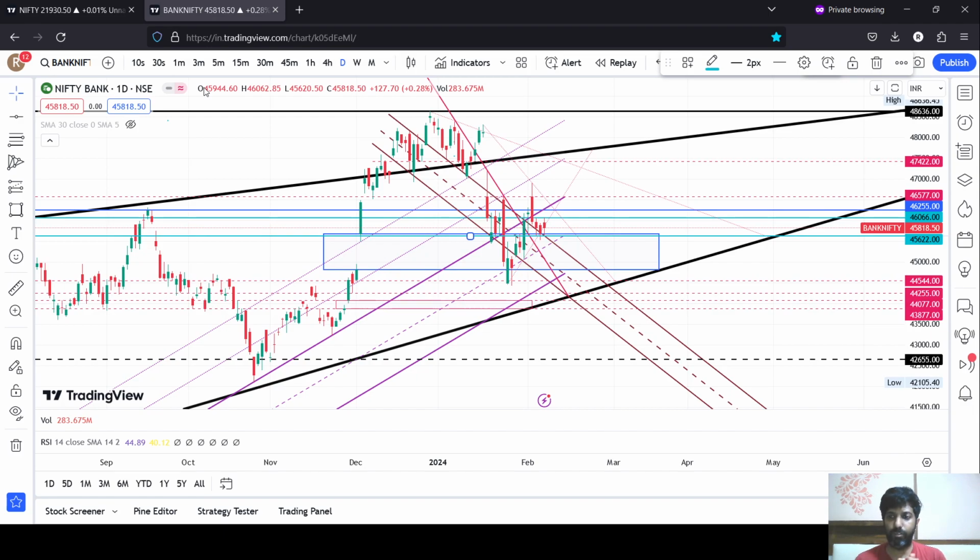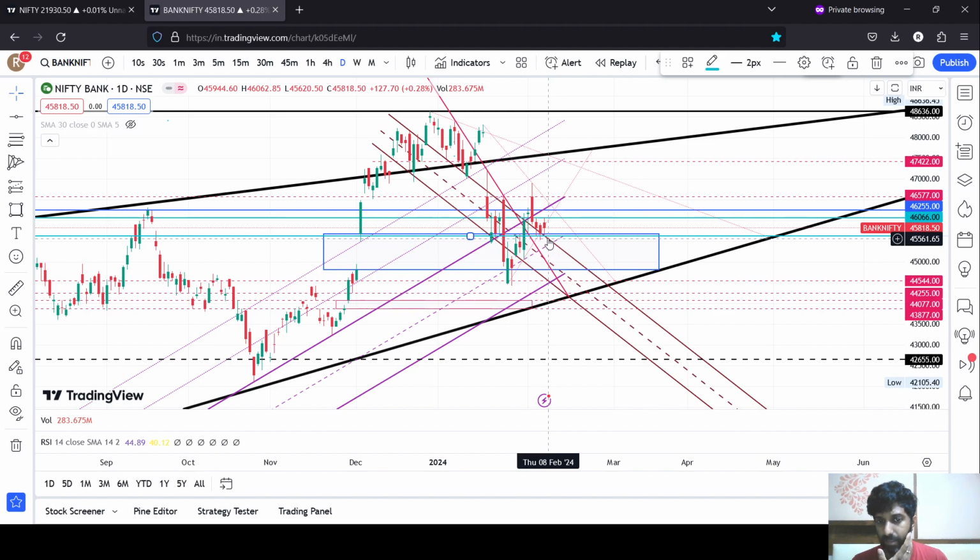On the downside, 45,622 is the level to watch out for, which also happens to be the top of the maroon channel. Yesterday it seemed like the candle closed inside the maroon channel, but today it has taken support from the top of the channel and bounced back. Tomorrow again it will be crucial to see whether this top of the channel holds, or whether it breaks.